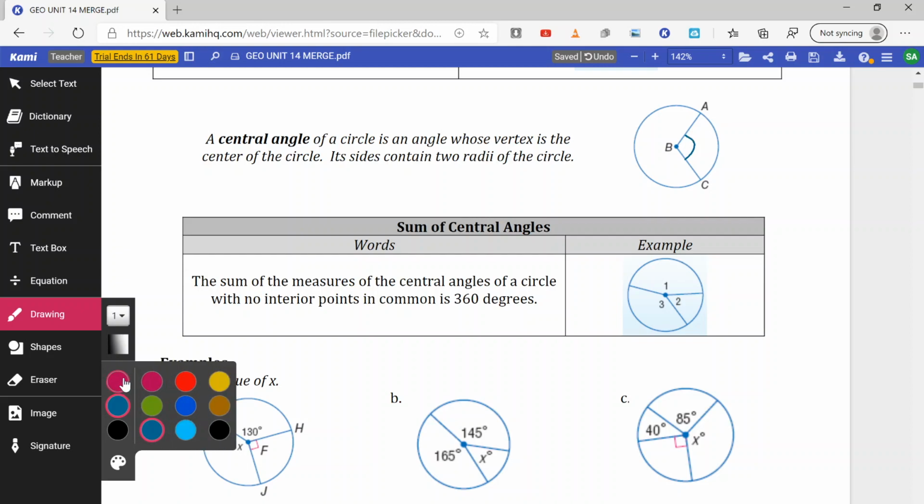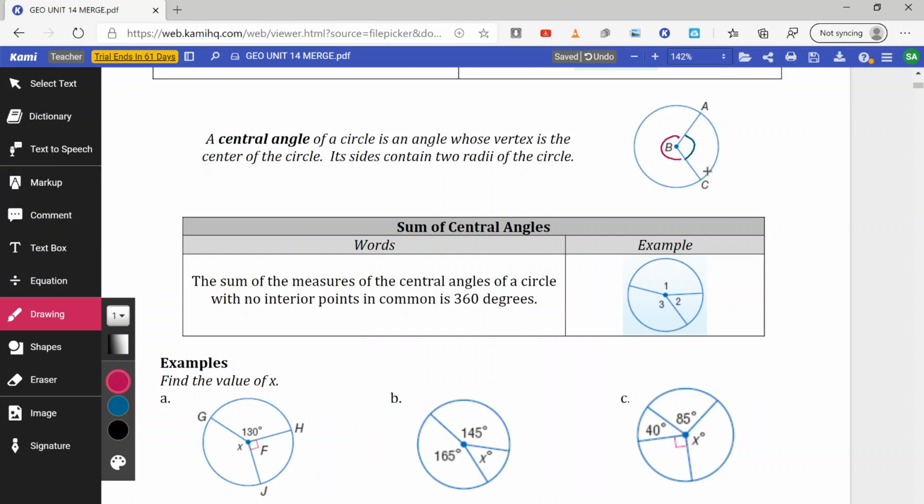Conversely, the outside is also a central angle. So we actually have two central angles, because I have two angles created here. More often than not, we're going to be talking about the angle created by ABC.